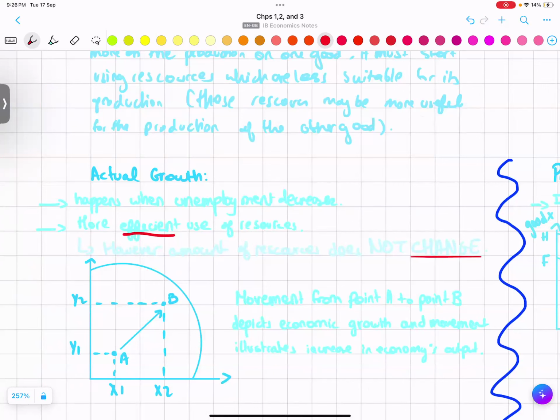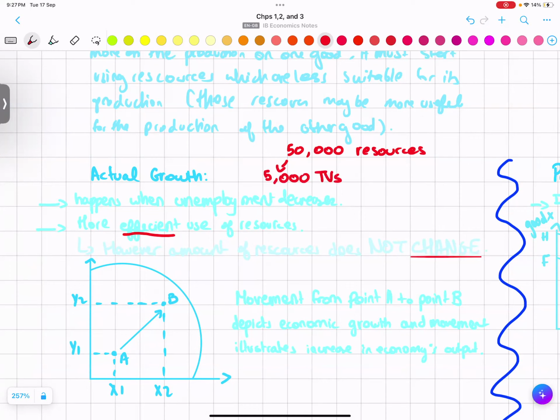Okay, so let's say you had 50,000 resources. I'm just using a really, really general example. Before, you used to produce, let's say, 5,000 TVs.